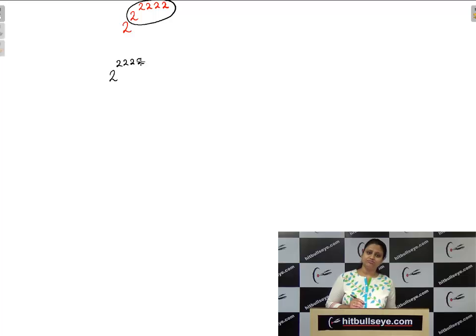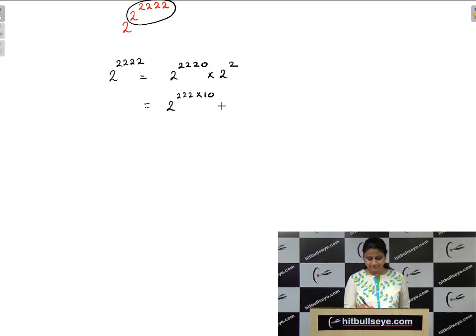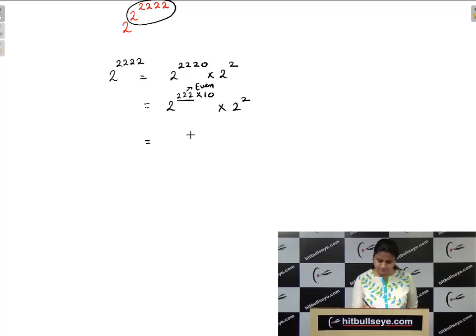If we find the last two numbers of this number, it can be written as 2 raised to power 222 into 10 into 2 square, that is carried forward. Now, we will apply the shortcut here. Since this 222 is an even number, it will always end in 76.